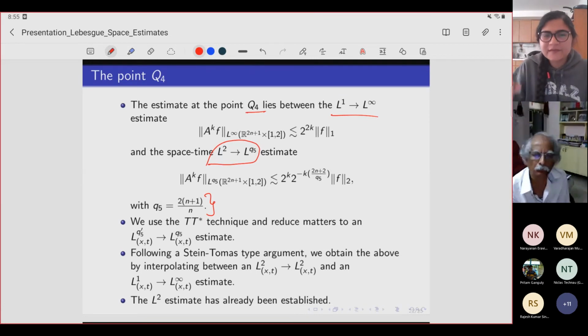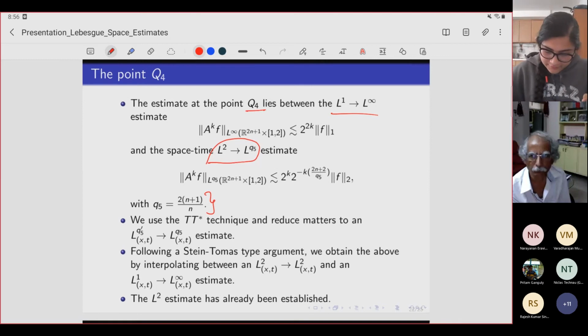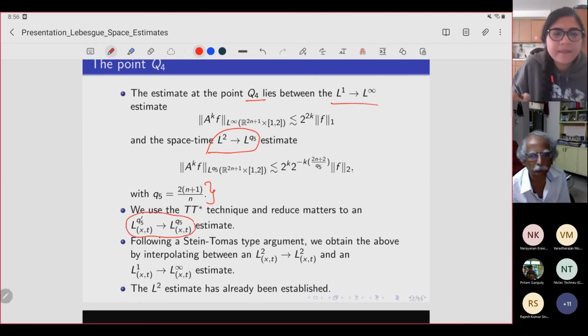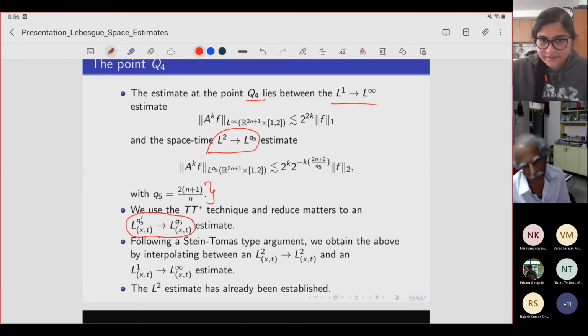So there, what happens is, instead of looking at an L2 to L^Q5 estimate, you try to prove an L^Q5 prime to L^Q5 estimate for the operator transpose composed with the operator. Okay. And this estimate now brings us to the anti-diagonal. So then what we want to do is get this estimate by another interpolation between an L2 to L2 estimate for the operator composed with its transpose and an L1 to L infinity estimate.